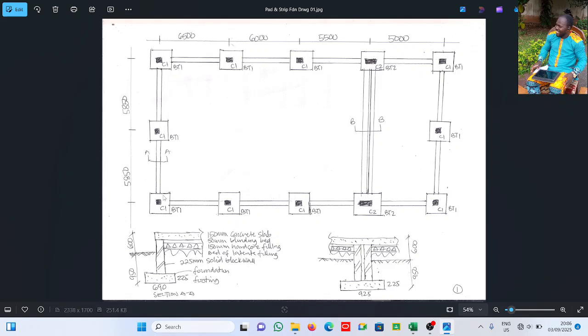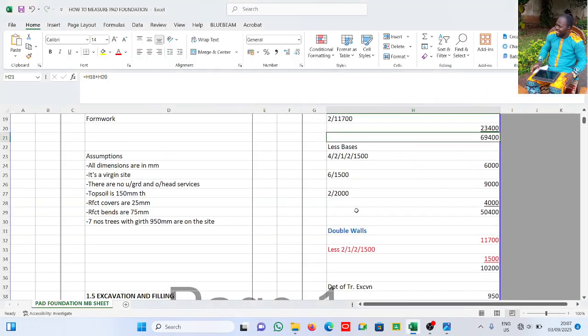Here also 4 on the length. Now on the width, I have here, I'm coming here 1, I'm coming here 2, here 3, and here 4. That is why you see here 4 by 2 by half by 1,500. That's what I multiplied out here. It gives us 6,000.